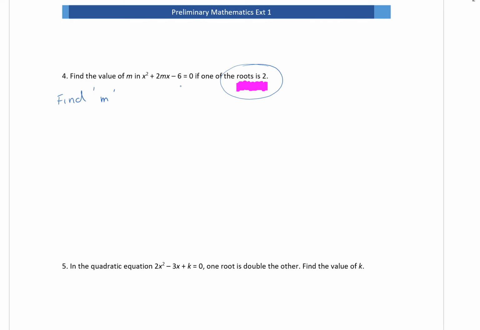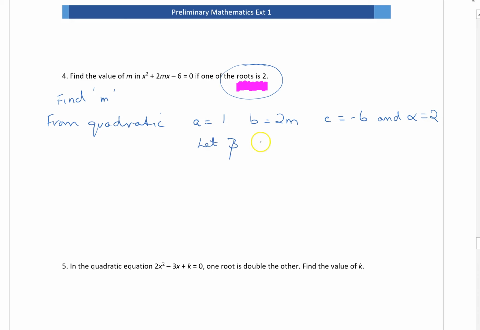Okay, so let's see what we can establish. Well, from the quadratic, what have we got? We've got a would be 1, b would be this 2m, so I'm really wanting an equation with this b in it. C would be minus 6, and I'm going to say alpha is 2.